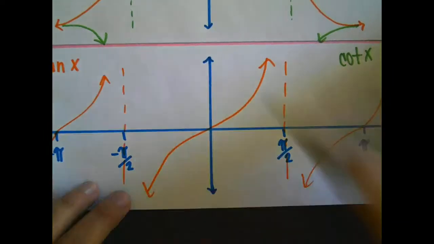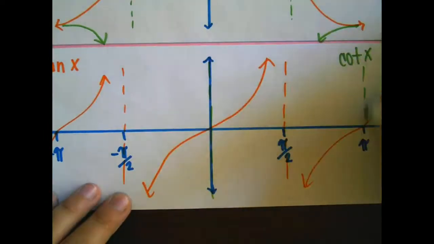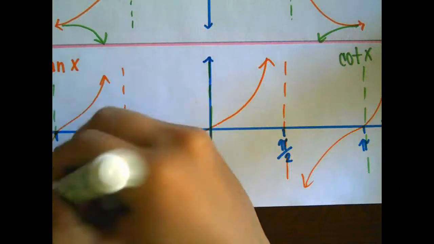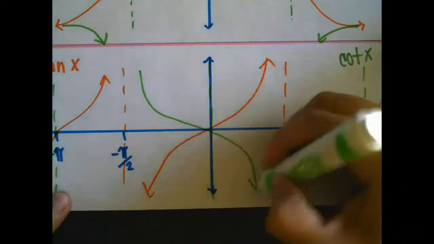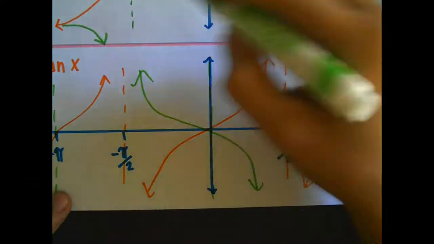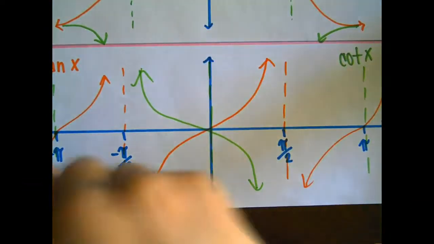Cotangent, everywhere where it hits the x-axis, those are the new asymptotes. And it's pretty much just like tangent, only backwards. It looks like this. Oop, my bad. Hold on. Scratch that. It does not go through its own asymptote.